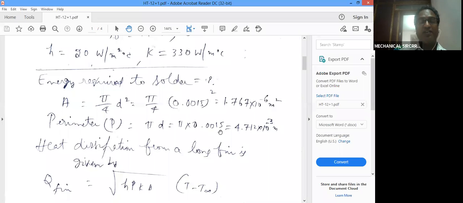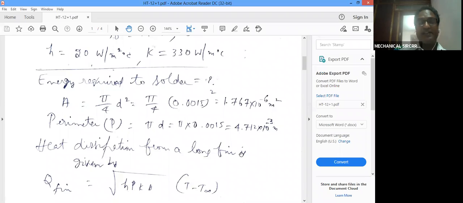So the perimeter is 4.712 into 10 power minus 3 meters. Generally perimeter is length only, one dimension only, but area is two dimensional. That's why meter square. Perimeter is a length only.